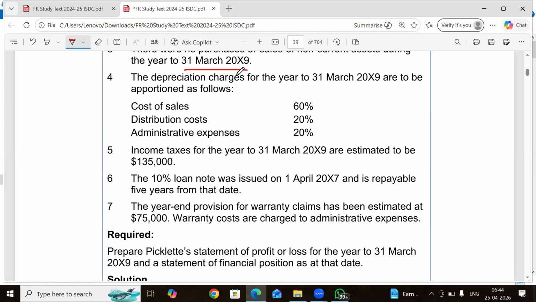And their practice with respect to depreciation is that whatever depreciation we calculate here, the depreciation is to be divided in this manner: 60% to cost of sales account, 20% to distribution cost, and 20% to administrative.